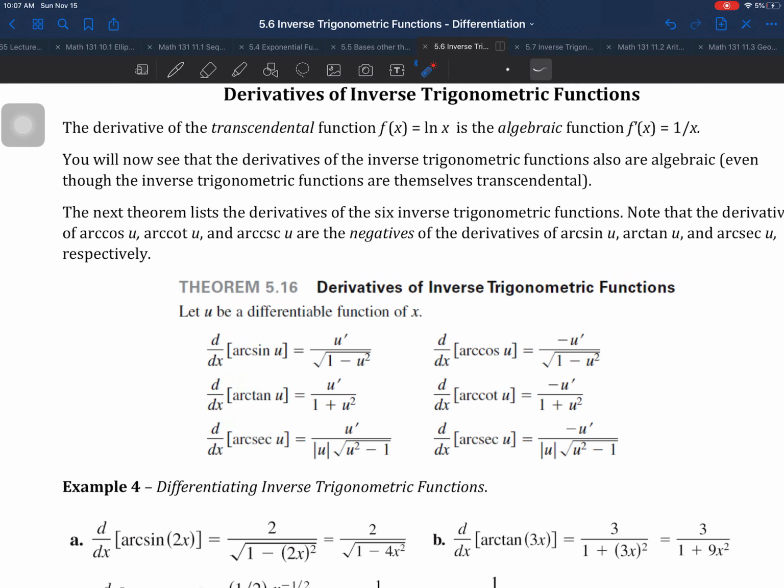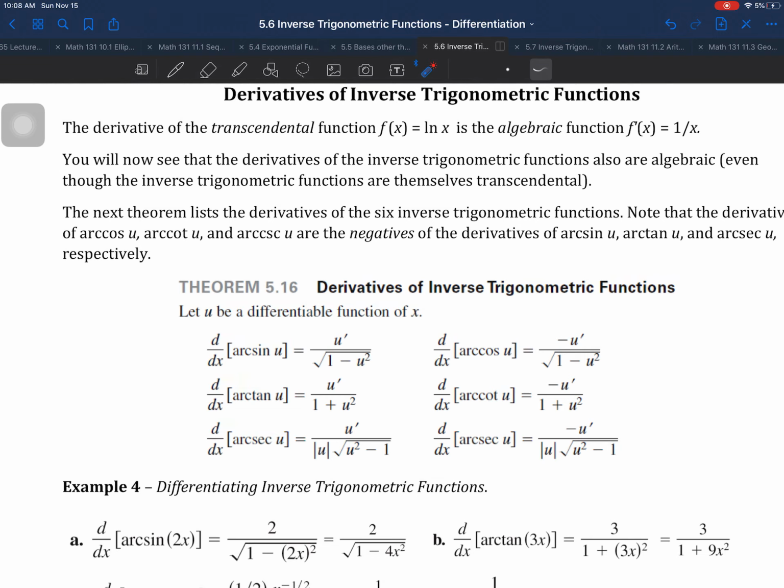So if you want to do the derivative of an arcsine where u is a function of x, right? You're going to have to use the chain rule. Then what you're going to do is 1 over the square root of 1 minus u squared, and then multiply by the derivative of the inside. For the arccosine, it will be very similar to that.